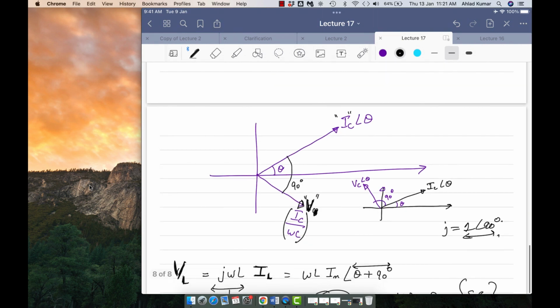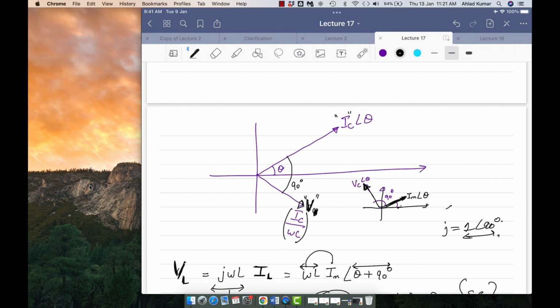In this case also the difference in the magnitude will be there, but I have drawn it wrong actually. This vector will be small because it's Im angle phi, and now you are multiplying omega L with Im, so this vector will be a big vector compared to this one. This is a small vector.